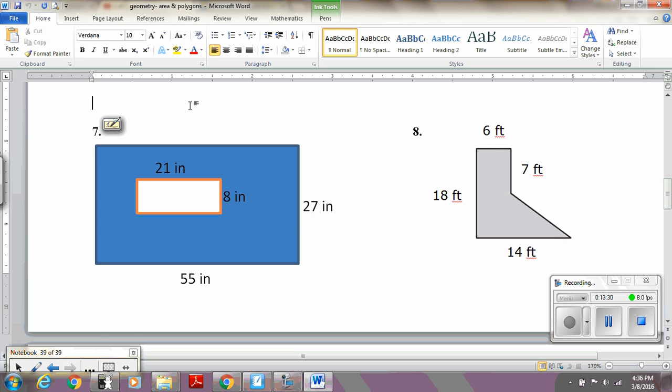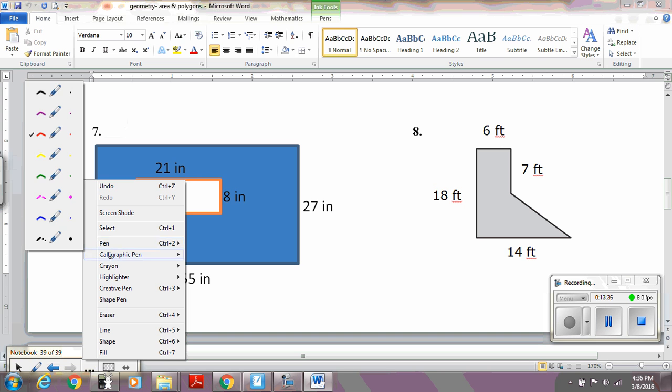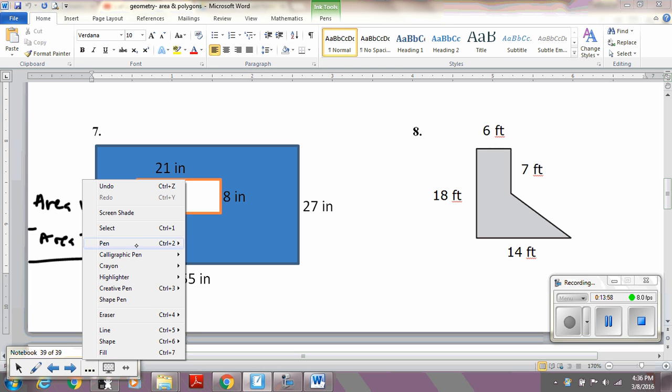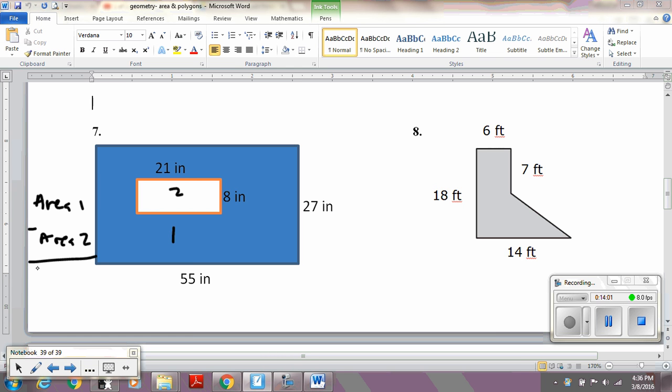And number 7 is a lot like number 1, where you find the area of the large rectangle and subtract the area of the smaller rectangle. So let's say this is 1 and that's 2. So the area of 1 minus the area of 2. The area of 1, it's a rectangle. Its dimensions are 55 by 27. And we're going to subtract 21 by 8.